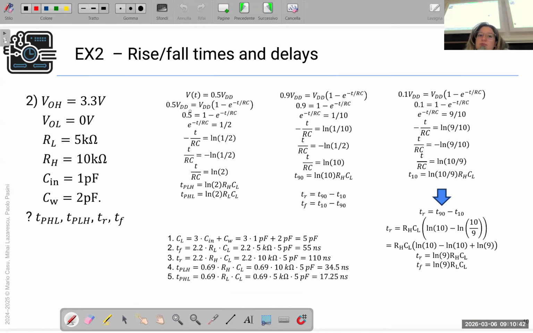So we have 0.5 VDD, and the equation still remains the same, so VDD can be simplified. We can take the logarithm, and at the end, with trivial algebra, we arrive at the formula. If we go from low to high, we have to use Rh.